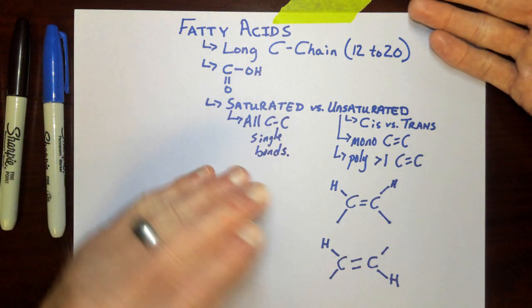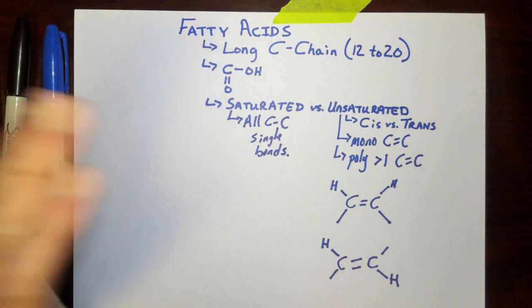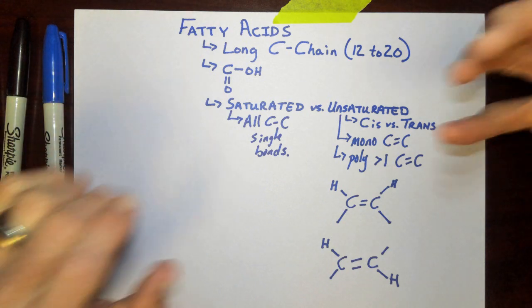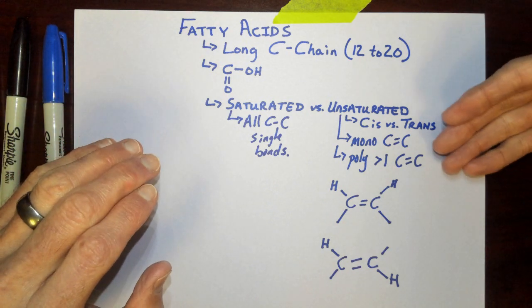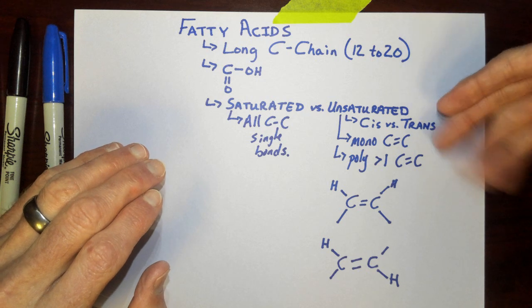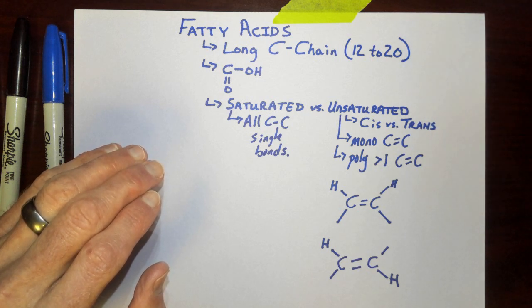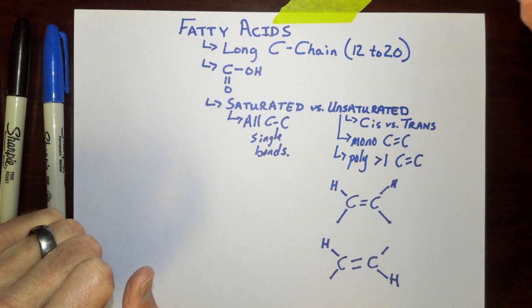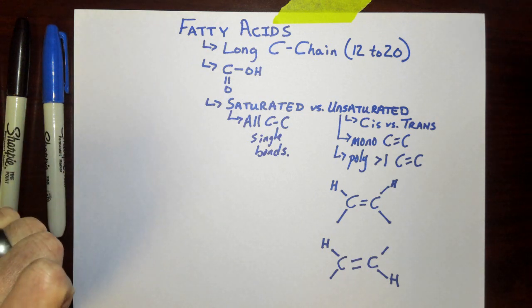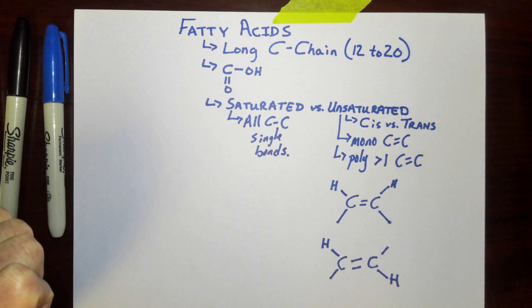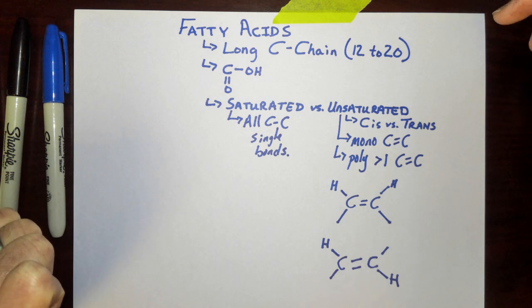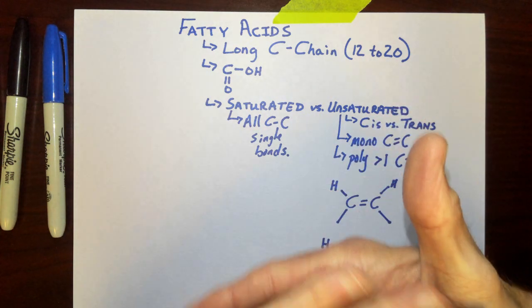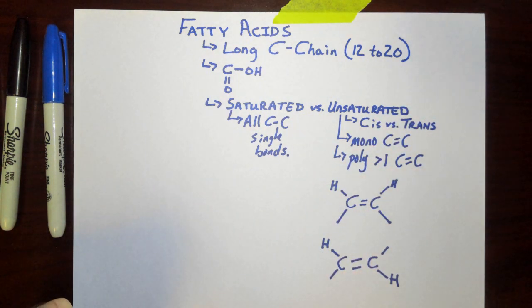They're able to stack up, really squeeze together, which allows them to solidify. Whereas the unsaturated fatty acids with these double bonds in there, whether it be one or many double bonds, puts a kink or a twist into the chain, doesn't allow them to stack together, to layer, so we see them to be softer, liquidy at room temperature.